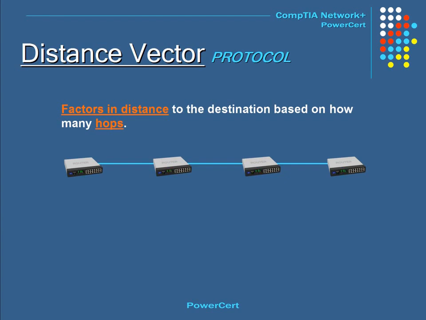A hop refers to how many routers a data packet has to go through to reach its destination. For example, for data to travel between these two end routers here, it would take 3 hops: 1, 2, and 3.